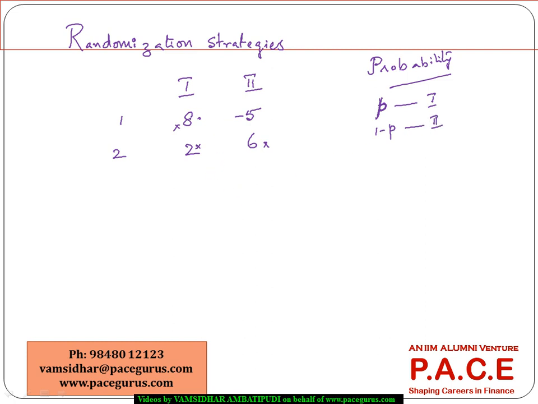Right? A has a probability of P of choosing option 1 and 1 minus P of choosing option 2. Now let me assume that B will choose 1. If B chooses 1, what is the expected payoff or expected loss for A?